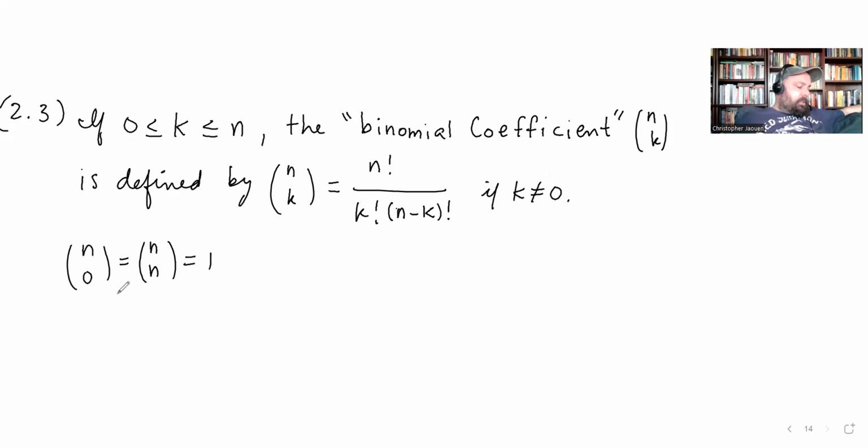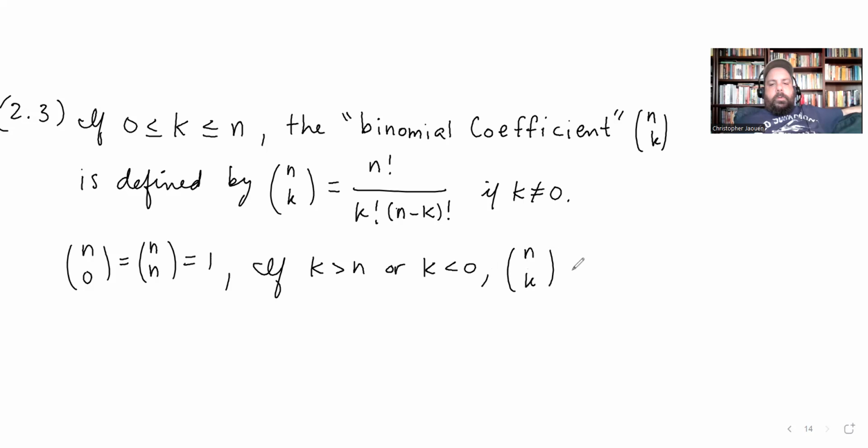And in all of the cases, if k is less than 0 or k is greater than n, n choose k will be defined to be 0. Right? And in part A, they want us to prove an identity involving binomial coefficients.